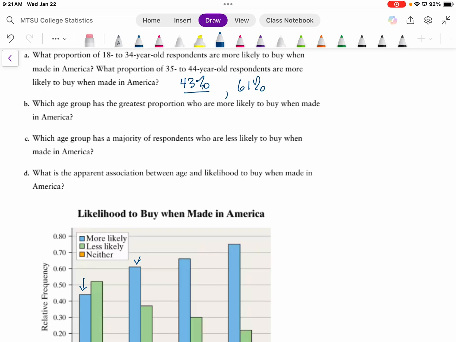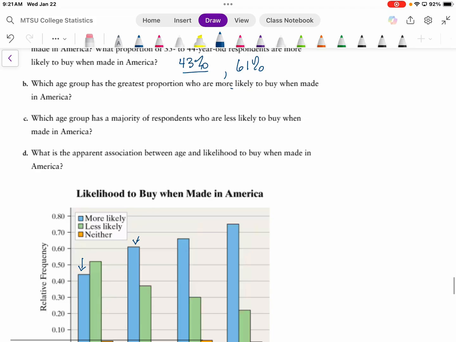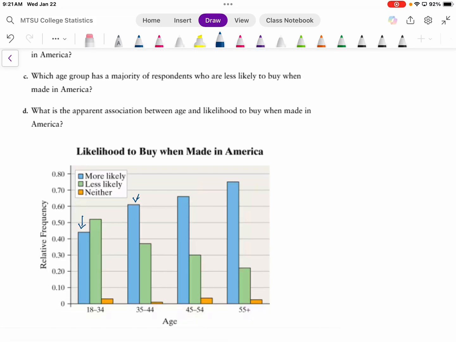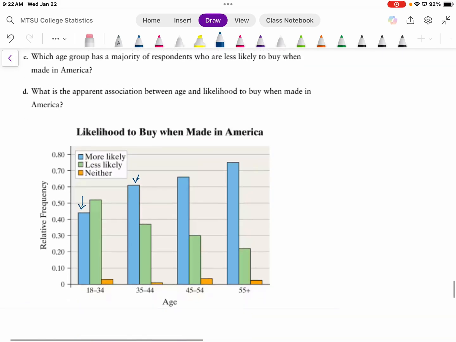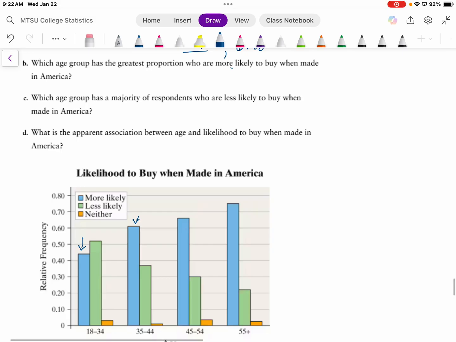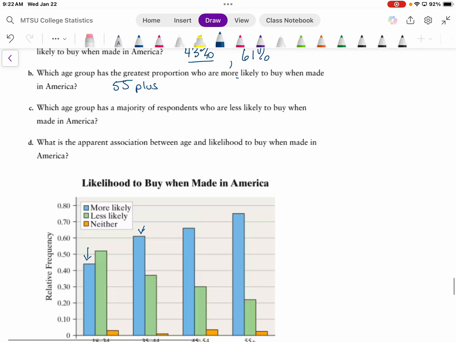Which age group has the greatest proportion who are more likely to buy when made in America? So which is the taller graph? It's the category that I'm almost in. The 55 plus, they look like they have the greatest proportion.